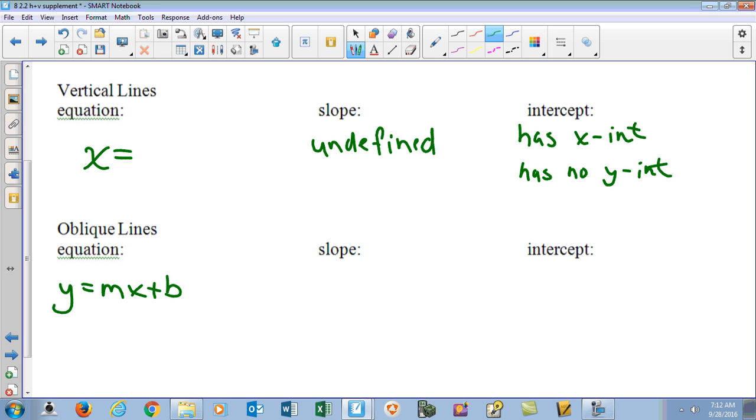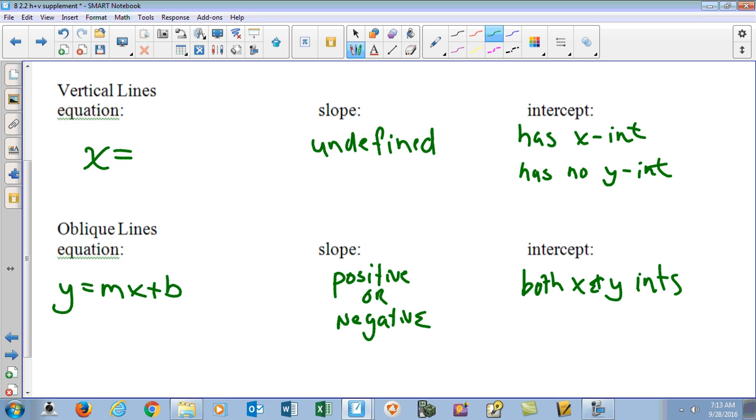The slope of an oblique line can be positive or negative. And these are lines that have both x and y intercepts. They will touch both axes at some point or another.